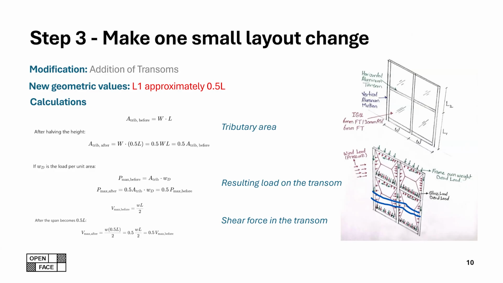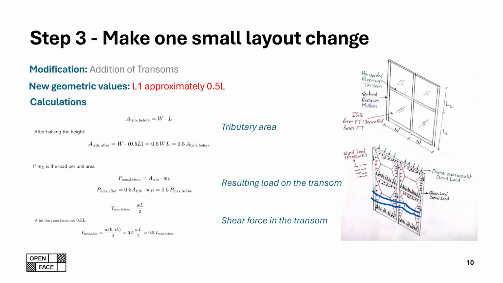However, it would be more helpful to add the actual numbers of the new geometric values and continue with the calculations. Here we've added the calculations as an example, for the tributary area, the resulting load on the transom, and the shear force. And of course, we would normally continue in the same way for the bending moment, the deflection, and the required sectional properties, as you read in module 2, the module that we uploaded.